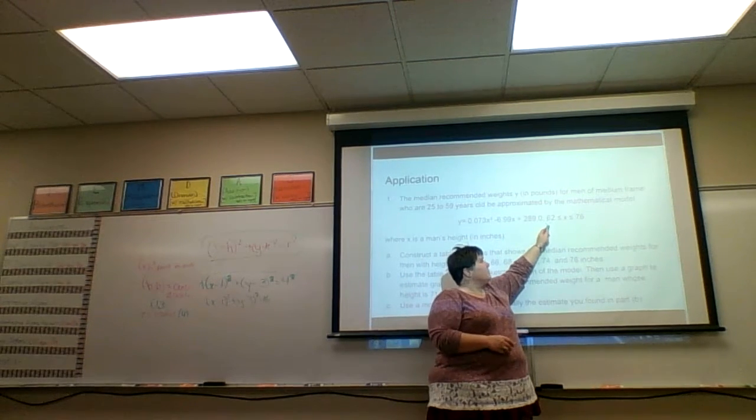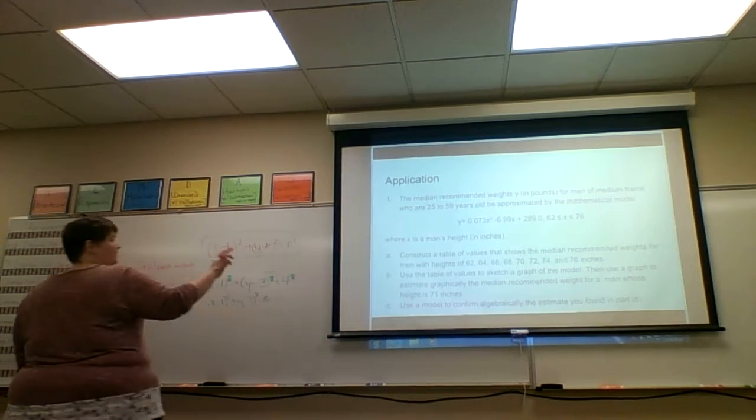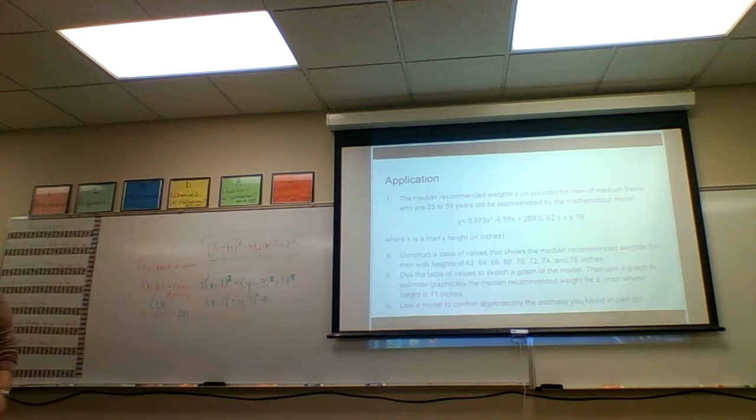And my numbers have to be between 62 and 76. Now, 62 to 76 is what x is going to be. Okay? We're going to replace x's with those numbers depending on the men's height.